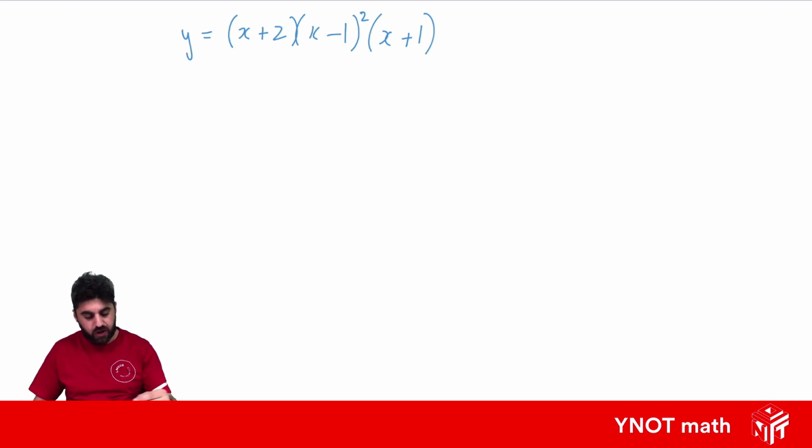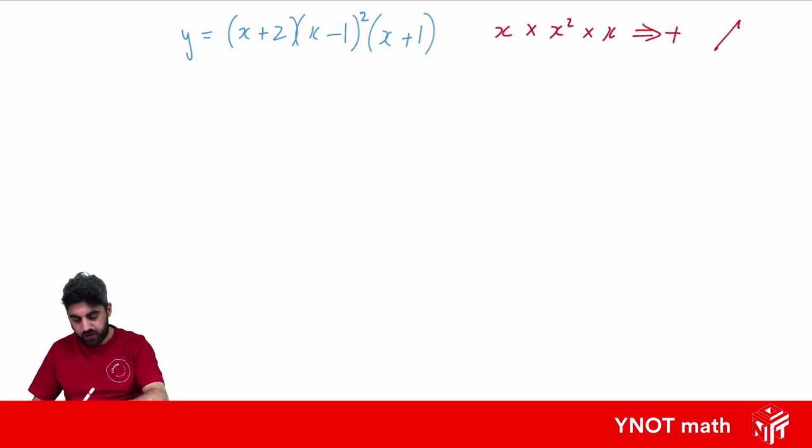So first let's check the sign to know whether it finishes going up or down. So we've got a positive x first with a power of 1, a positive x squared, and a positive x. So multiplying by a positive x squared multiplied by a positive x, this is going to give us a positive. So we know the function is going to finish going in the upwards direction.